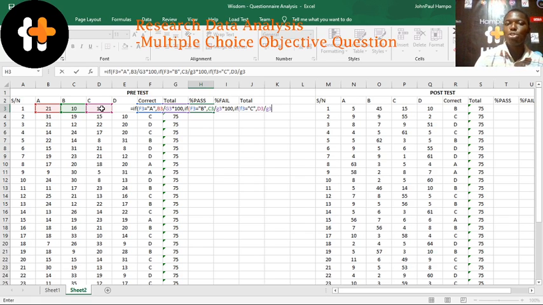Then what will you do? The total number of questionnaires administered, which is 75 questionnaires in the pretest. Then multiply by 100. Get that?